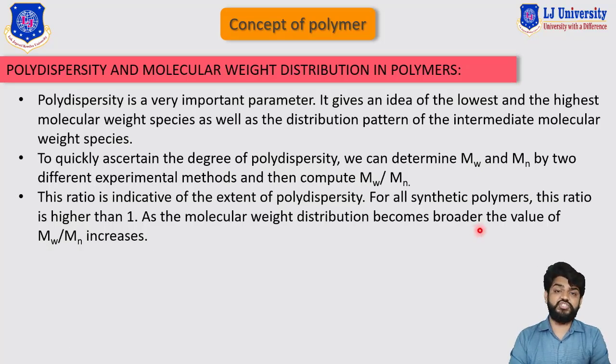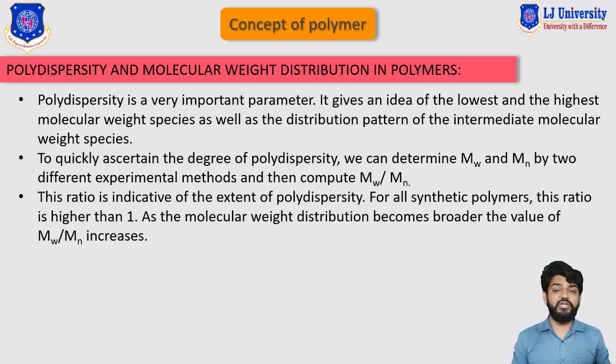As this ratio for all synthetic polymers is always greater than 1, the molecular weight distribution becomes broader as the value of Mw divided by Mn increases, right? So this was all about the polydispersity and molecular weight distribution of the polymer.